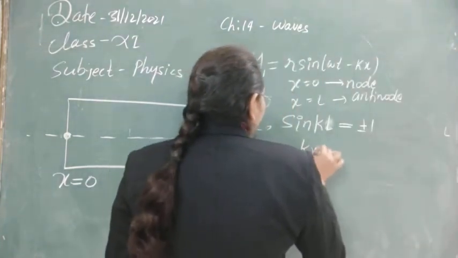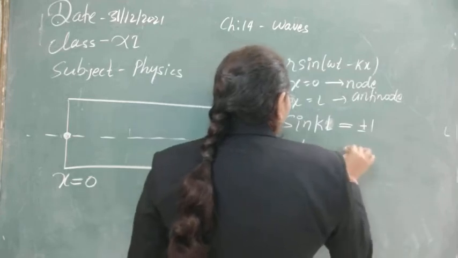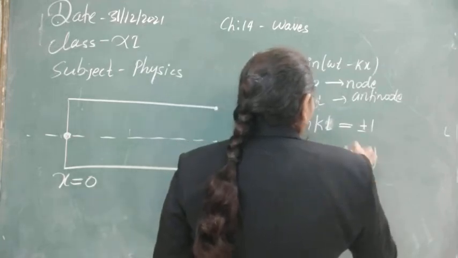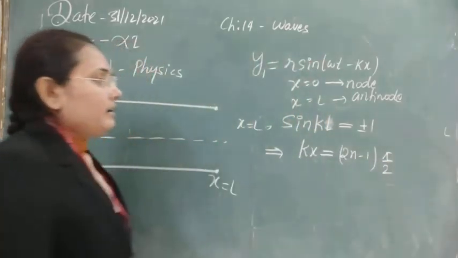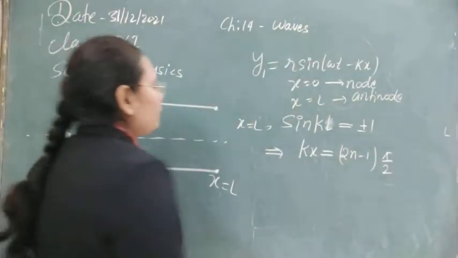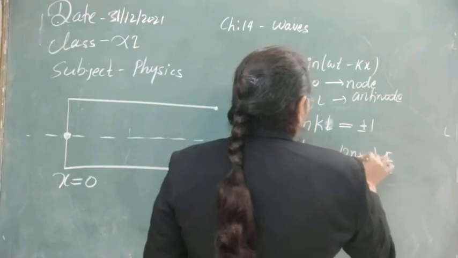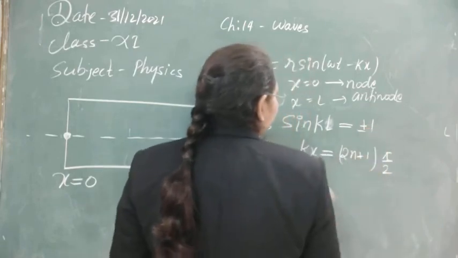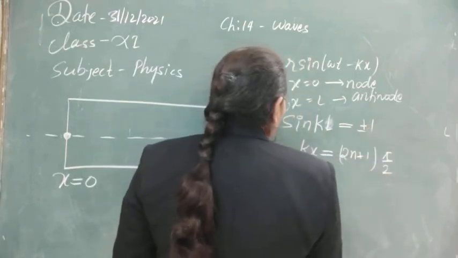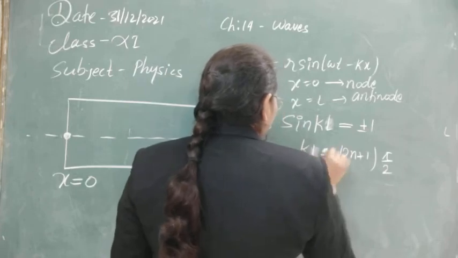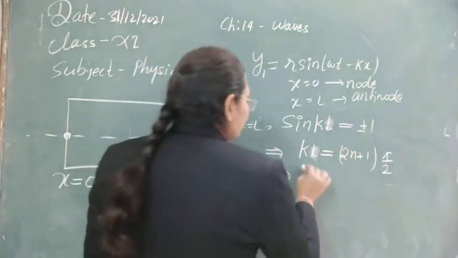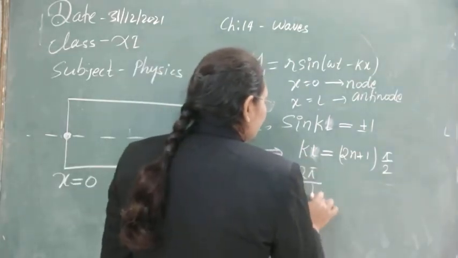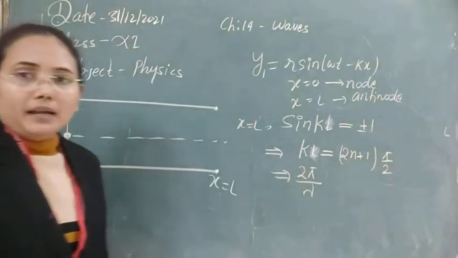The general value of the angle for this will be (2n minus 1) pi by 2, or for only plus 1 you take (2n plus 1) pi by 2. Finally you can put the value of k in terms of wavelength; this is the propagation constant, which has the value 2 pi by lambda.